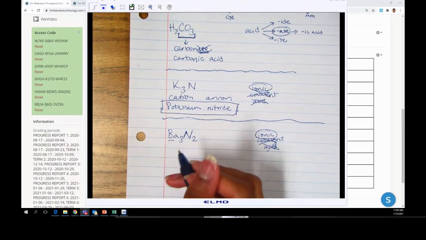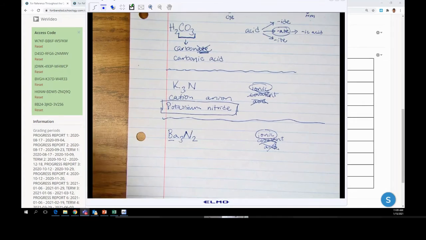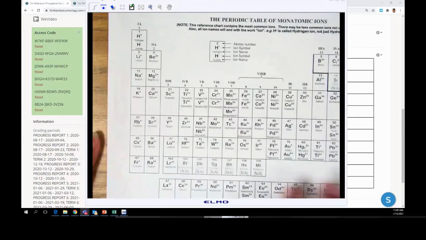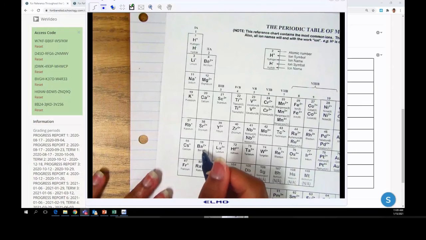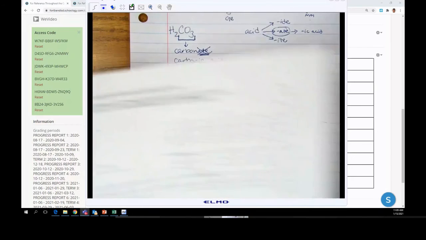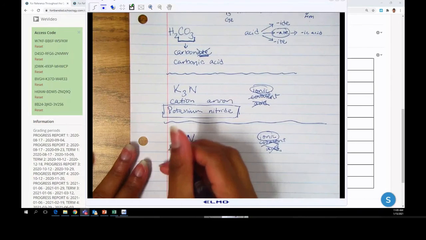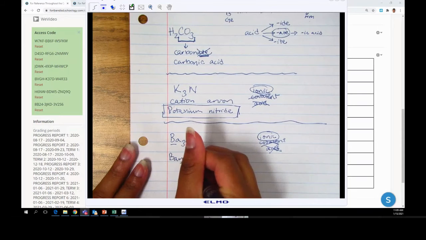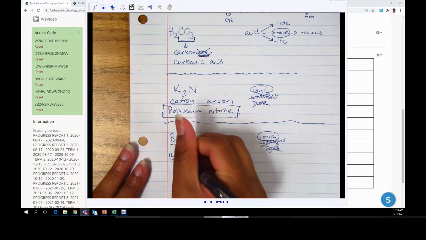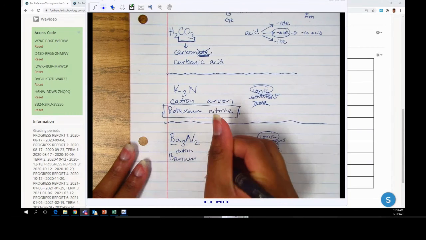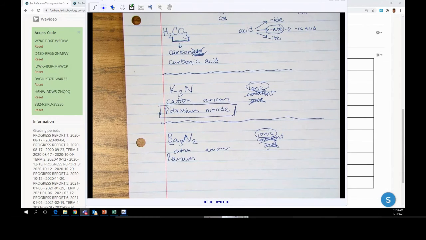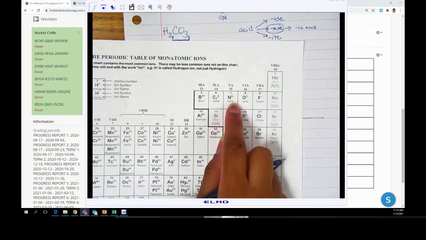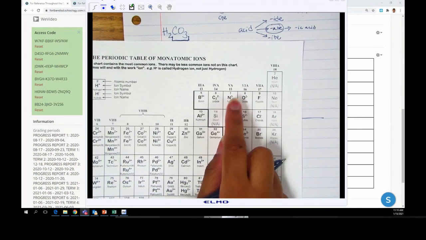This Ba here, from our periodic table of ions, we can see that the name of that ion is barium, same as the name of the element. And we're putting the cation first, followed by the anion. And the anion here is N for nitride, N3 minus.